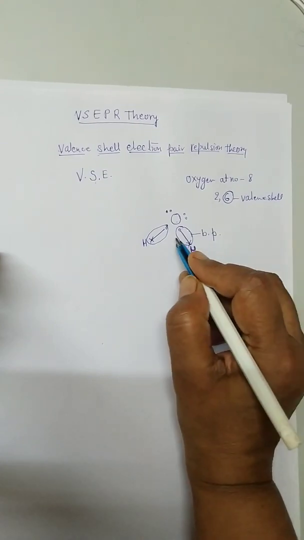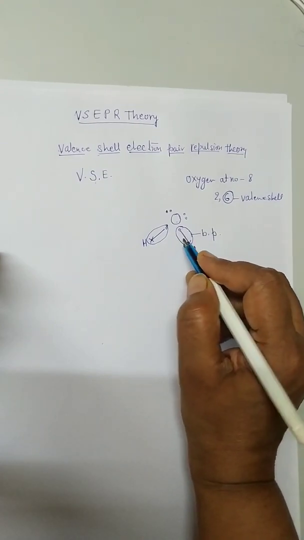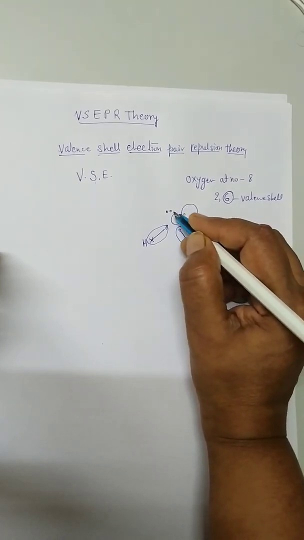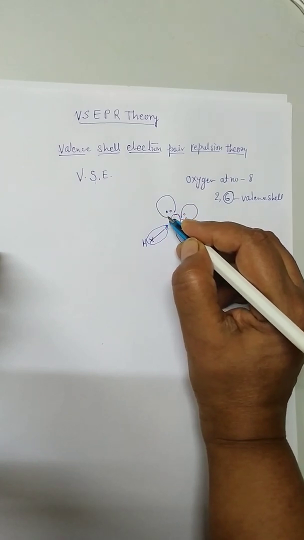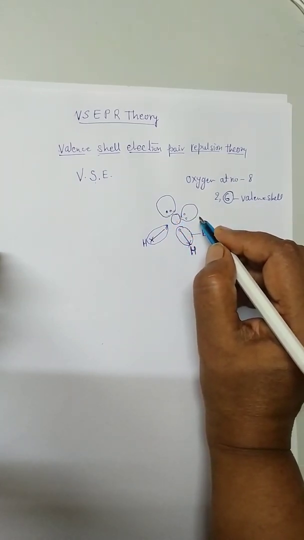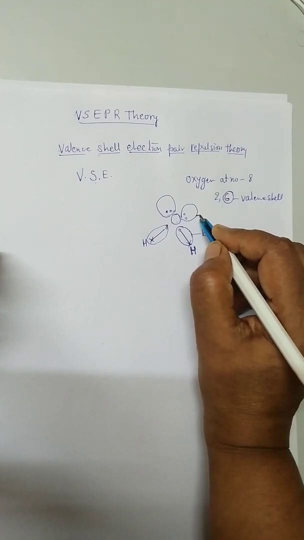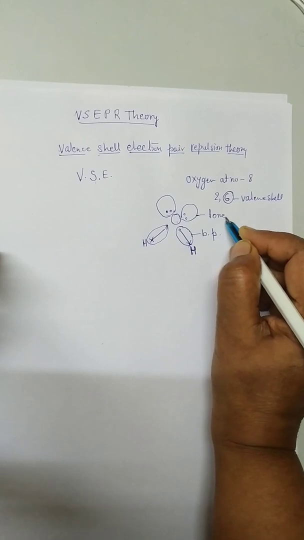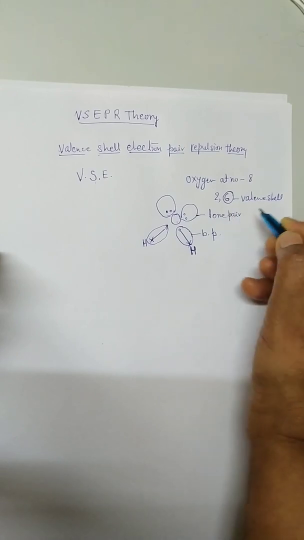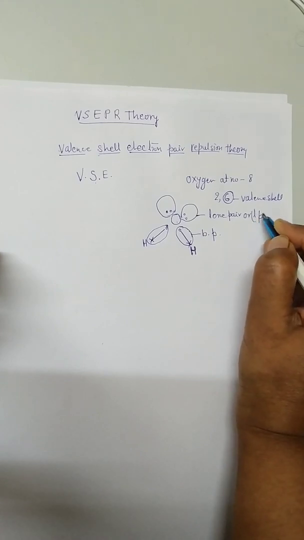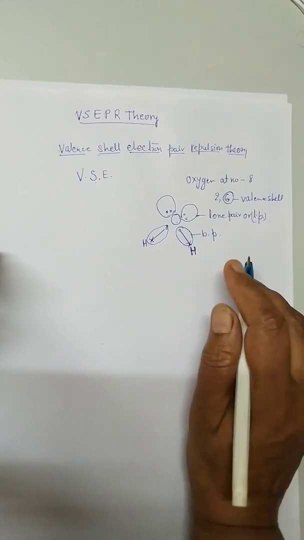They are participating in the bonding. But these 2 electrons of oxygen, valence electrons not participating in the bonding, are known as a lone pair, or you can call it LP in short.